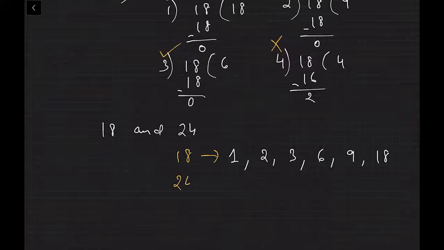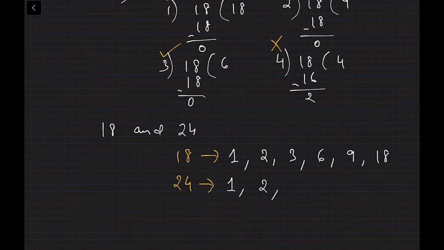Now let's see the factors of the number 24. So 1 divides 24 because 1 into 24 gives you 24. Then 2 divides, 12 twos are 24. 3 divides, 3 eights are 24. So 3 is a divisor. 4 divides because 6 fours are 24. Then 5 doesn't divide, 6 divides because 6 fours are 24. 7 doesn't divide, 8 divides because 8 threes are 24.